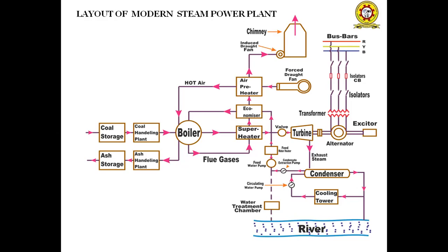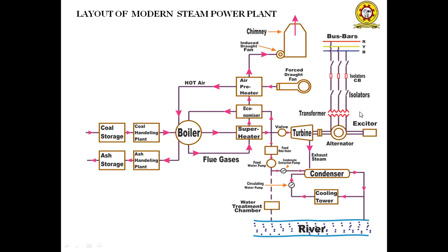And from the turbine, when the work is done by the turbine, some of the low pressure steam, that is the exhaust steam, enters into the condenser. This condenser condenses the steam and converts it into water. For condensing, we need cooling water from an external source, that is, from rivers we are using the water. From the condenser, the water enters into the cooling tower.